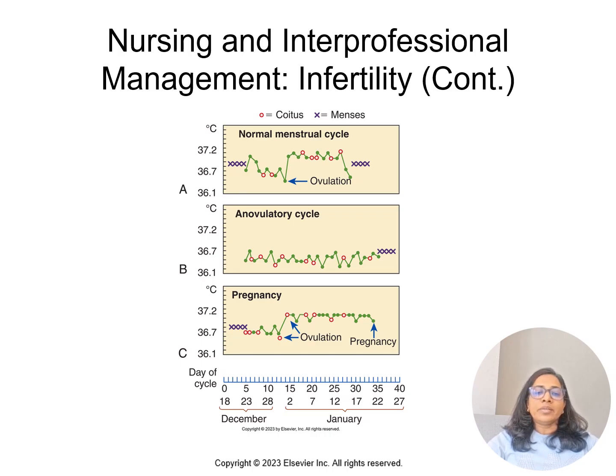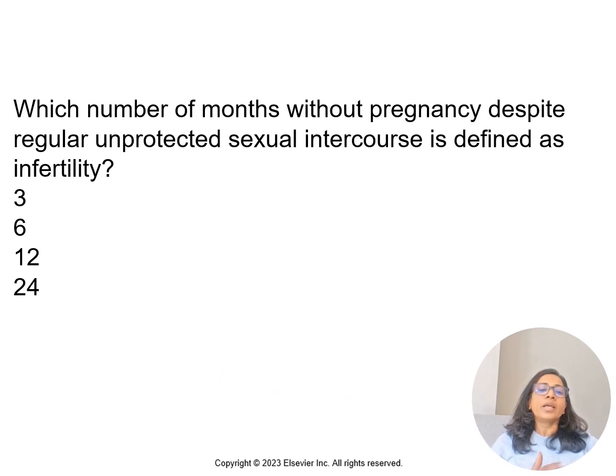And if you look at the third picture, the pregnancy one, you see that once the temperature increases, it remains constantly elevated throughout the pregnancy. So that's the basal body temperature, or the amount of estrogen, as this change is happening in the body.